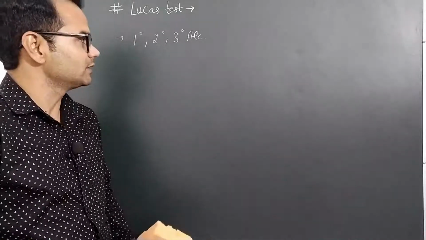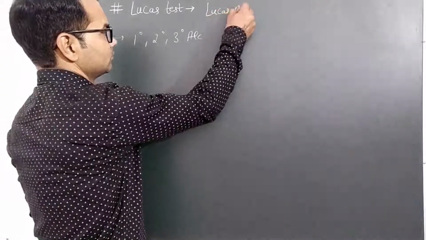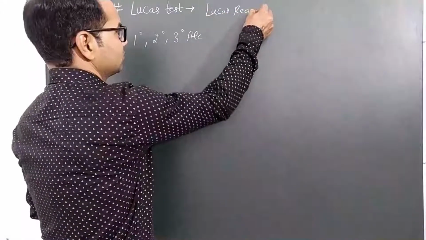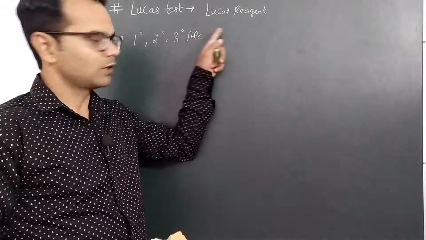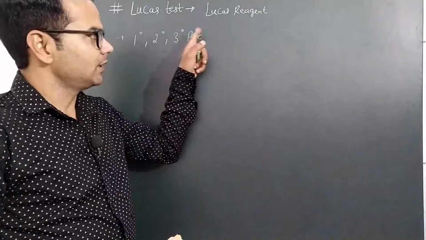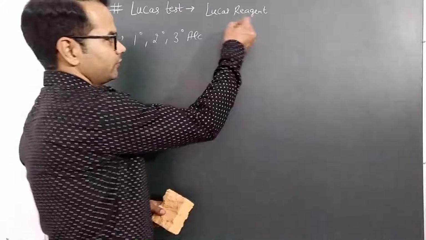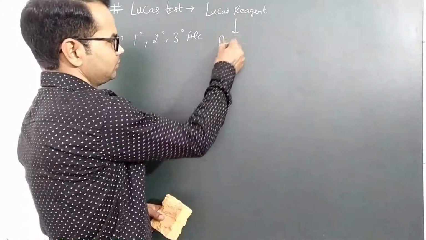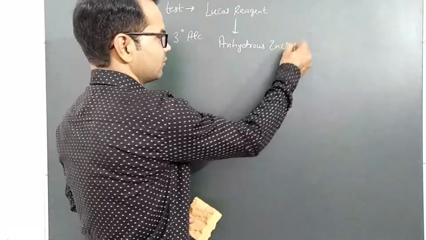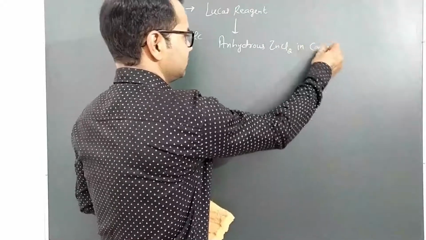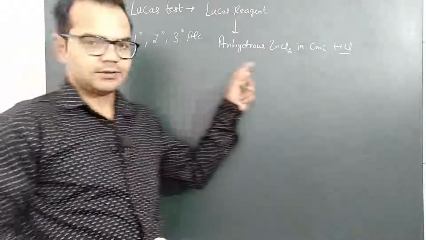Lucas test involves the Lucas reagent. Lucas reagent is the anhydrous zinc chloride with the concentrated HCl. So it is the solution of anhydrous zinc chloride in concentrated HCl acid.